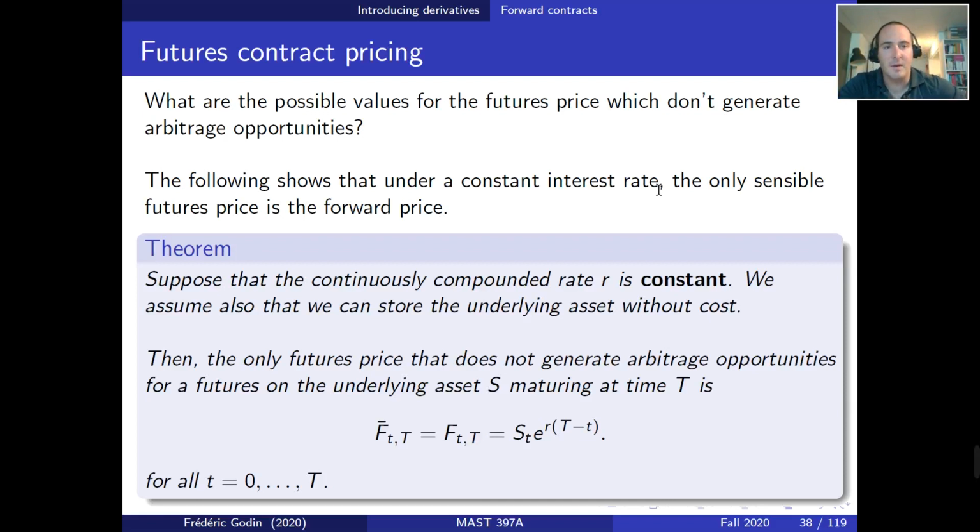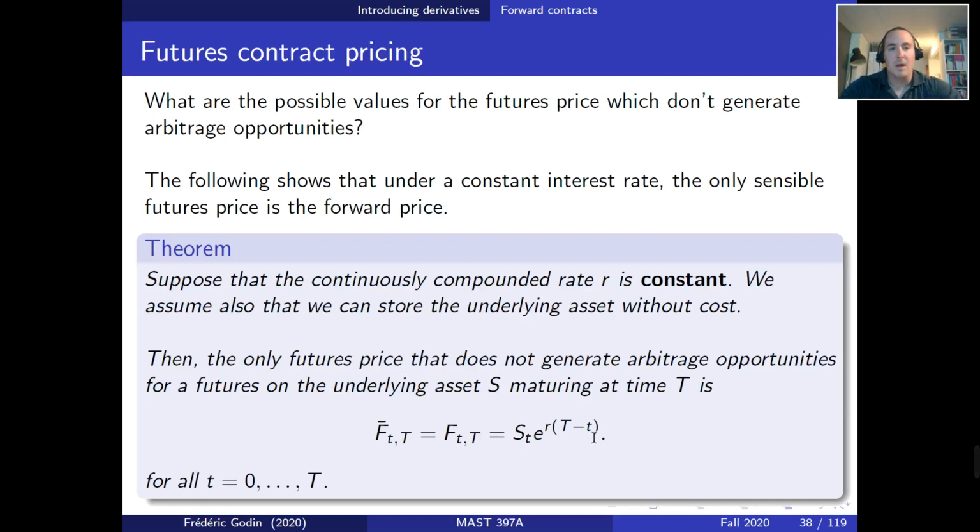Under the absence of arbitrage and assuming a constant interest rate, the futures price F bar must be equal to the forward price which we saw previously in the chapter, which was S t divided by Z small t capital T. But 1 over Z is equal to the interest rate accrual factor, which is the exponential of R times capital T minus small t in the context of a constant interest rate.